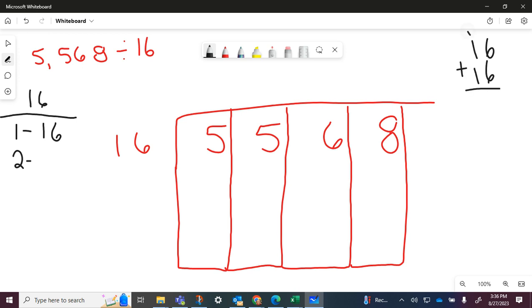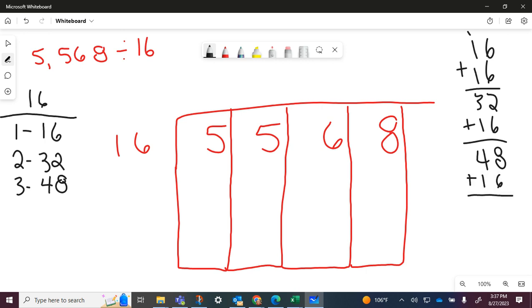So that would be 32. So two groups is 32. Then if I add another group of 16, that would be 48. So three groups is 48. And if I added another group of 16, that would be 64.